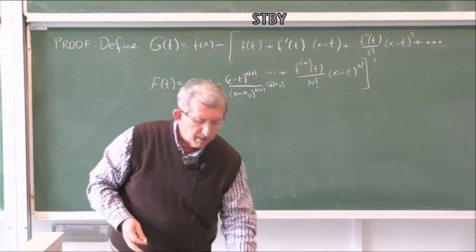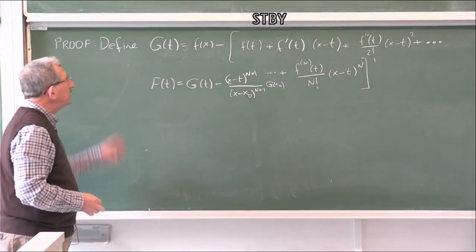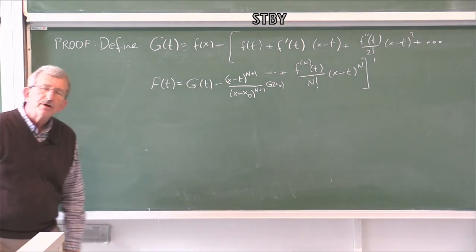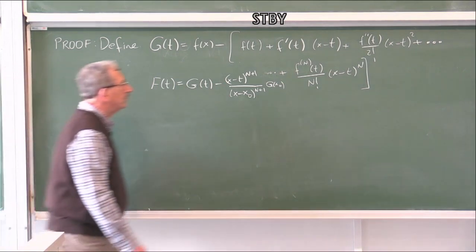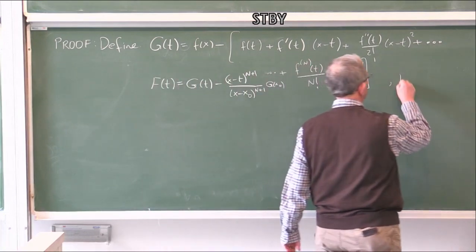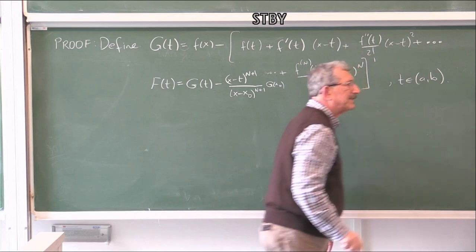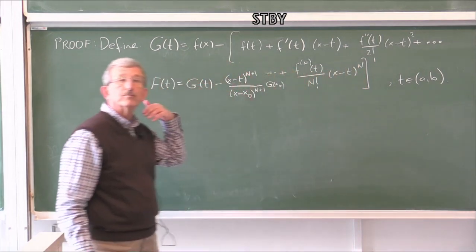Now, these functions are clearly defined for every t in the interval AB. So they make sense if t is equal to x0, for example.